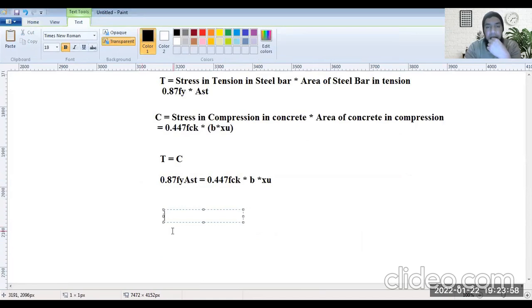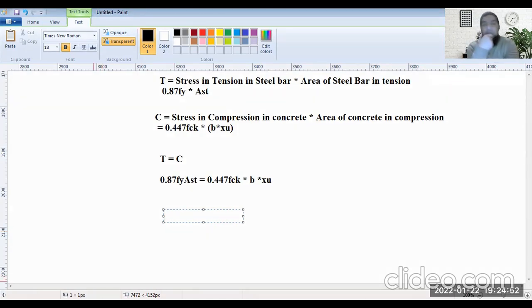Right? So for a balanced design, the force coming in tension is equal to the force coming in compression. That means both will fail together at the same time, isn't it? Am I right? They are matching.